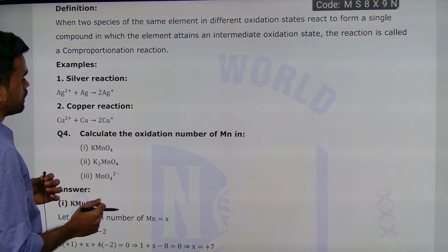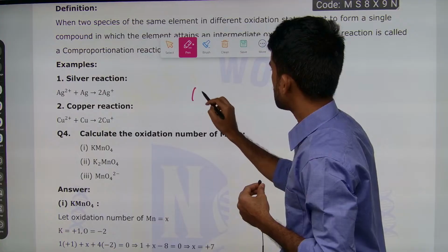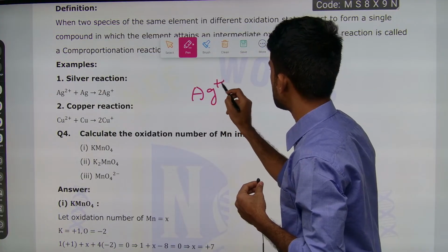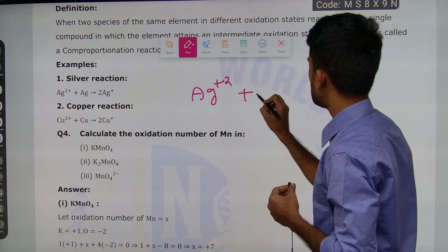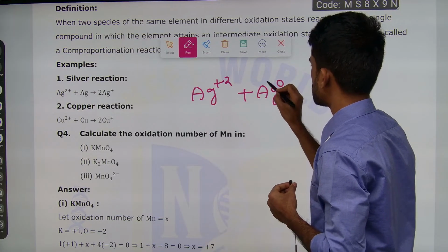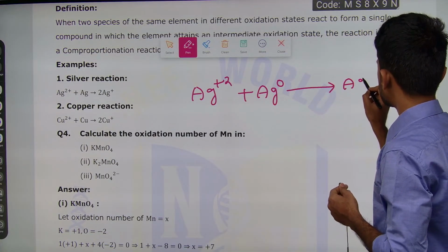Look at the given example. Silver, Ag, can be in +2 oxidation state, which is the maximum oxidation state, and it can be in atomic form also, 0 oxidation state. Now it will convert into Ag plus.